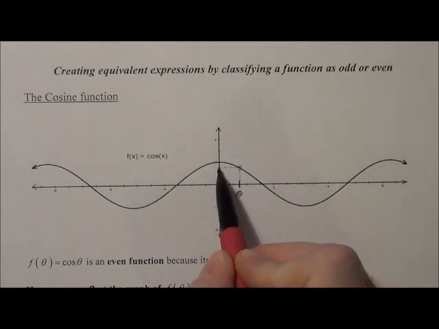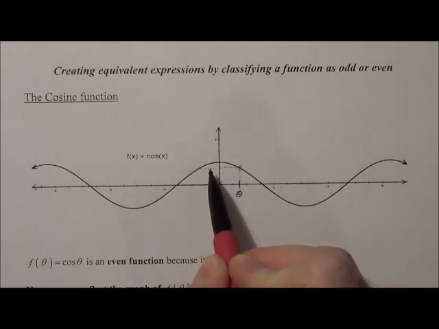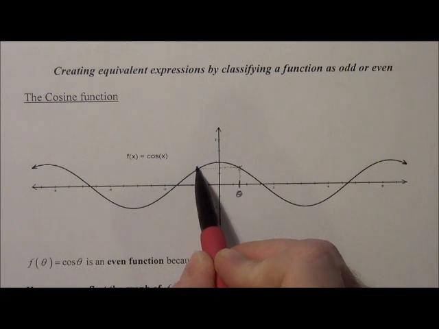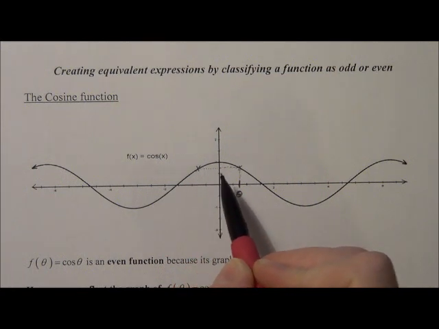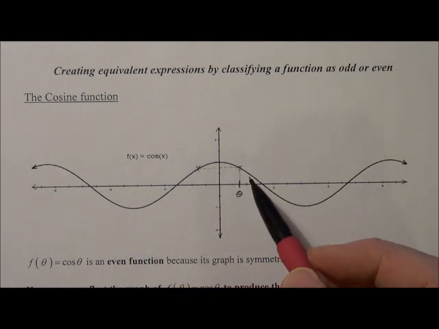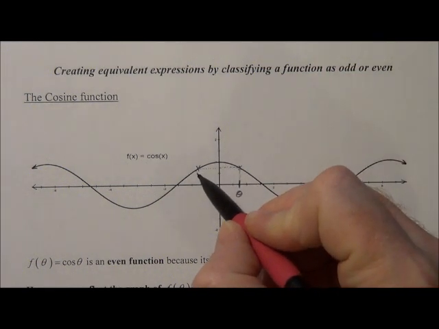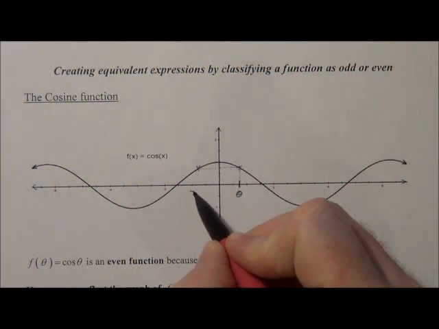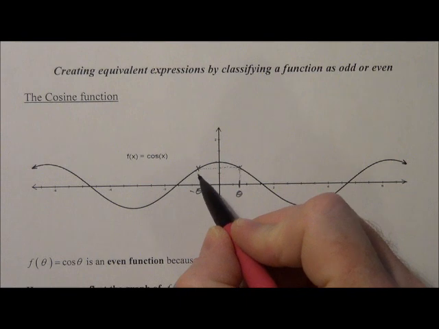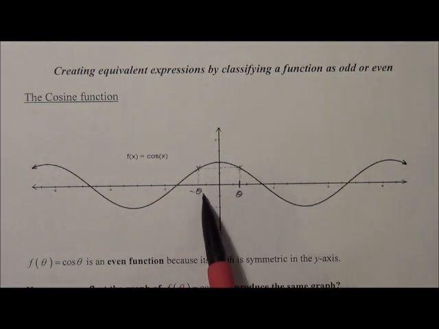Now if I extend that over to touch the same y value on the opposite side of the y-axis, we'll notice that we have the same theta value, but in this case it's negative.